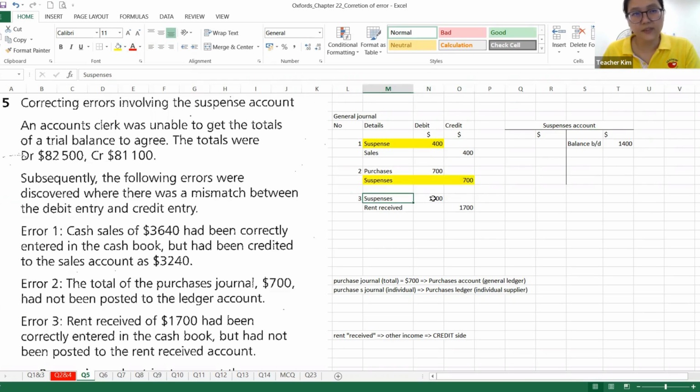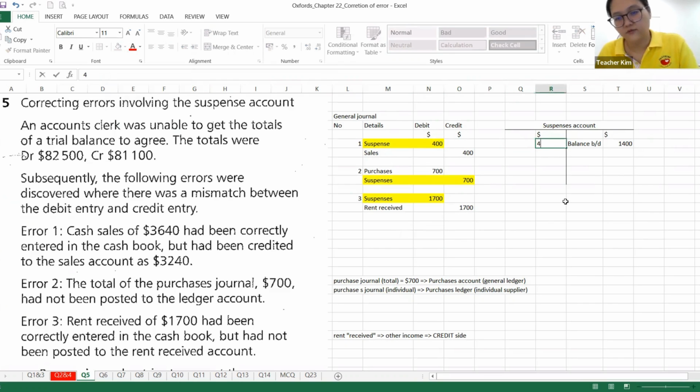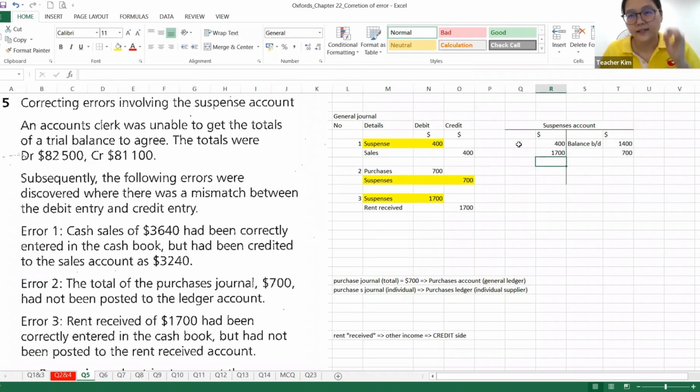If it is debit, you put debit 400. Here credit 700. This one credit 1,700. And in terms of details, take their opposite account. Here the opposite account is sales. This one, suspense. Purchases. And this one, rent received.